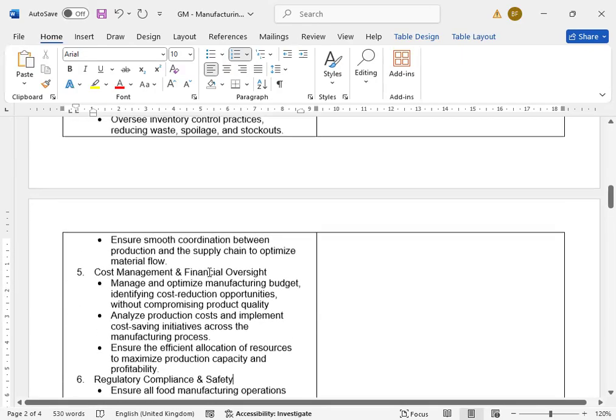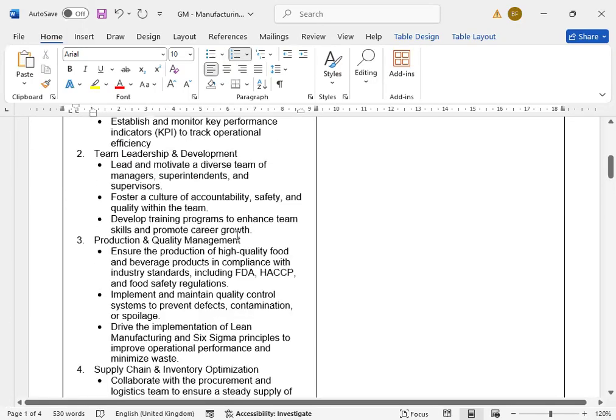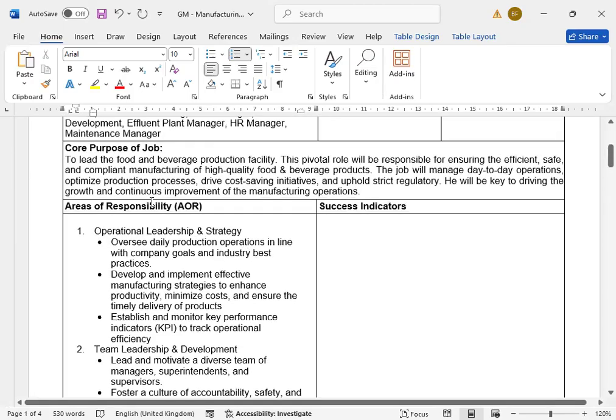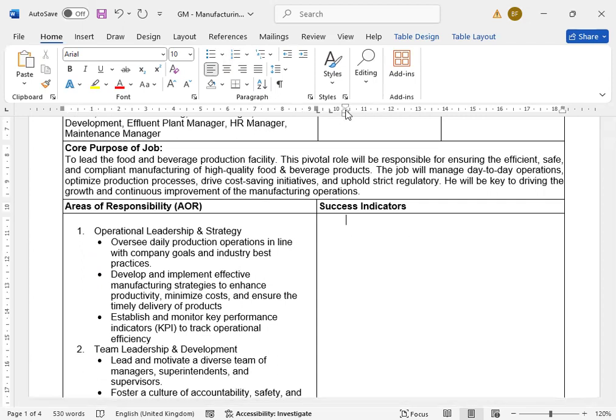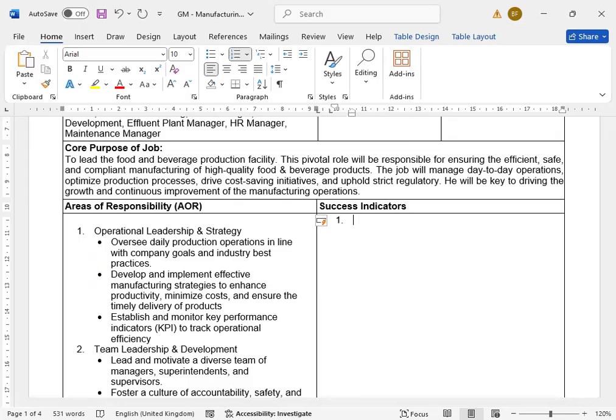So, how do you know if these six areas of responsibility, AOR, are working or not? So, what would be the success indicators for this? Okay, right. We should put success indicators for this. So, what are we going to do? Okay, we're going to do success indicators.